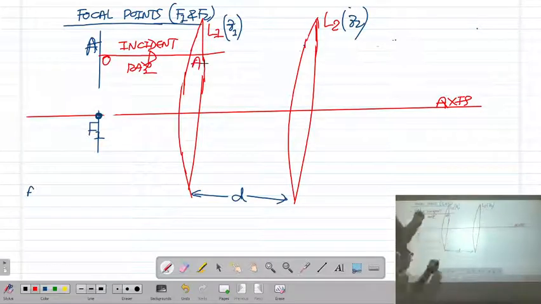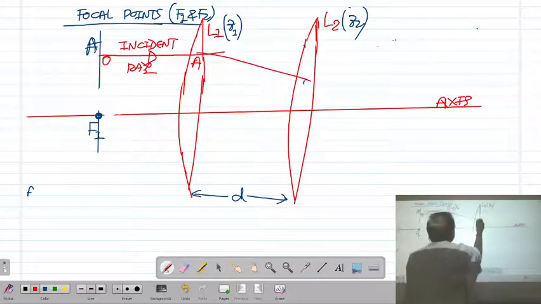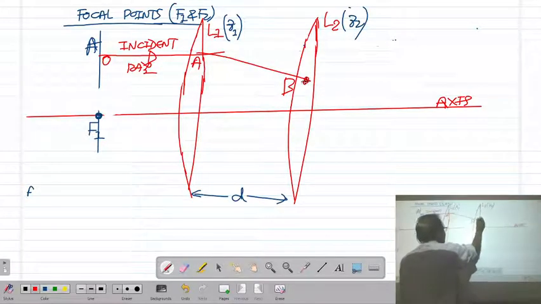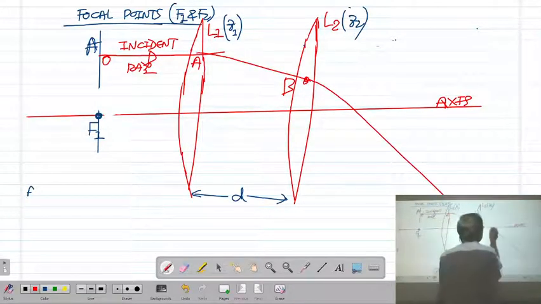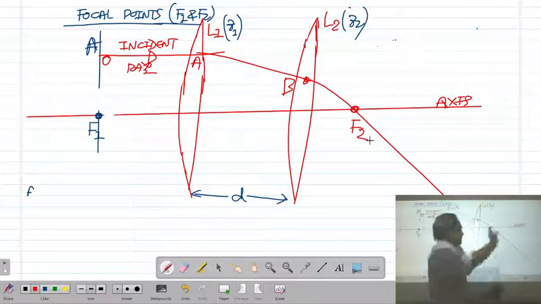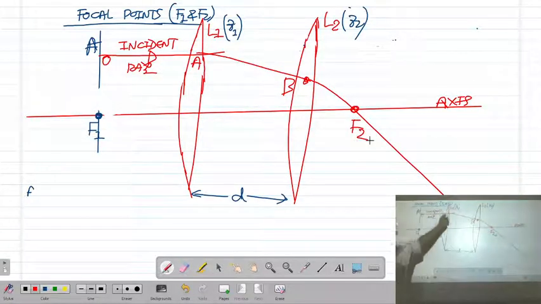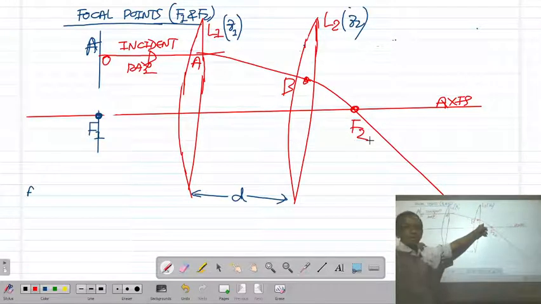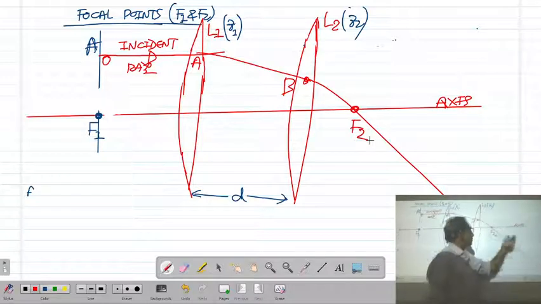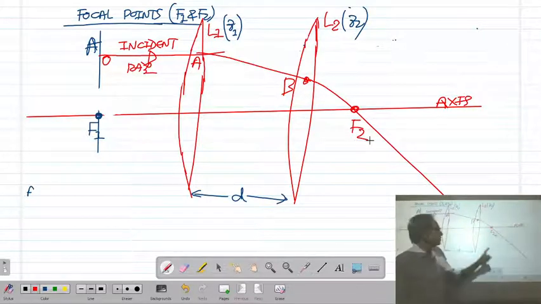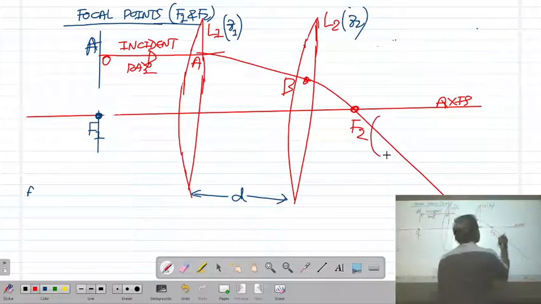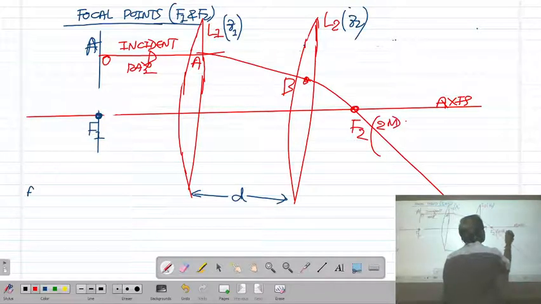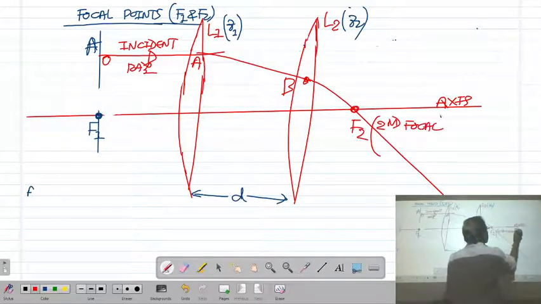The ray of light OA traveling parallel to the axis undergoes refraction in the lens system, and after refraction it will pass through the point F2 on the other side of the optical system. This point F2 is called the second focal point.